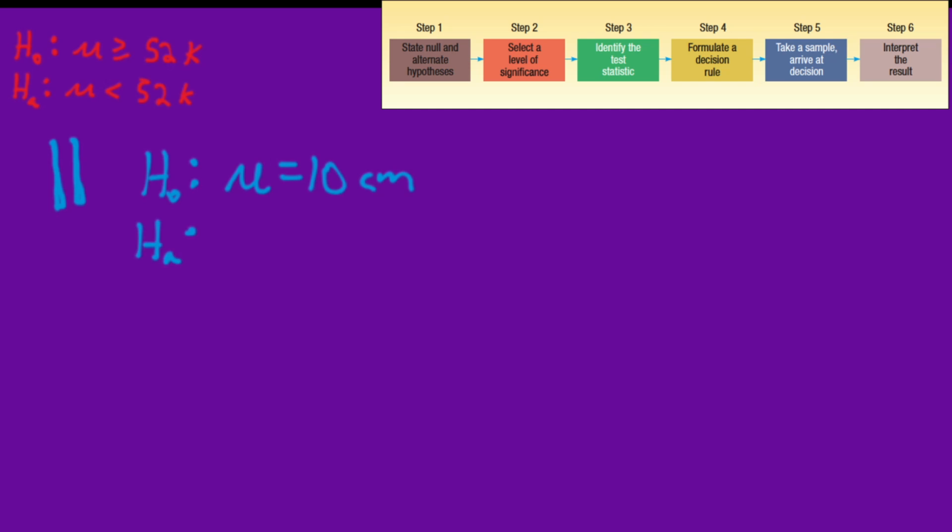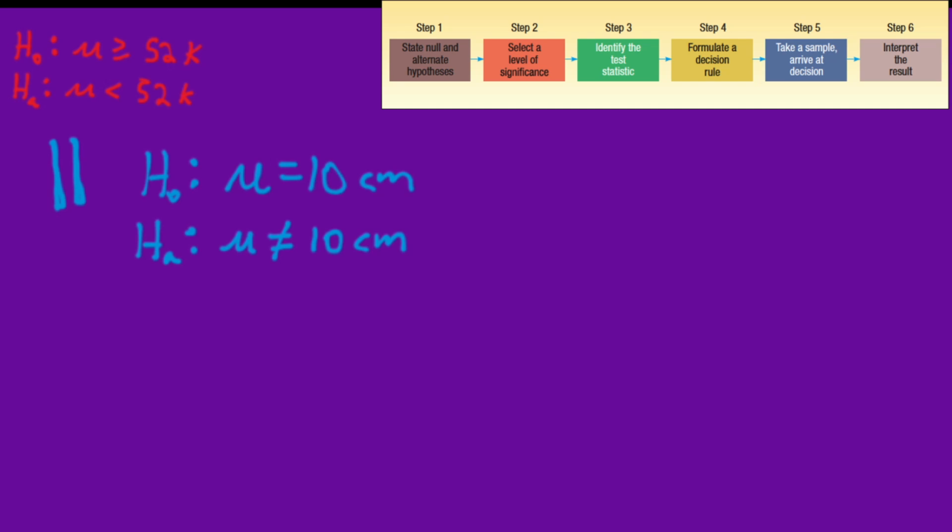The alternative here is going to be that the mean is not 10 centimeters. Okay, so notice now there's a difference in the way we've set up the equation here. In our chopstick example, we are wanting the mean to be right on a number.